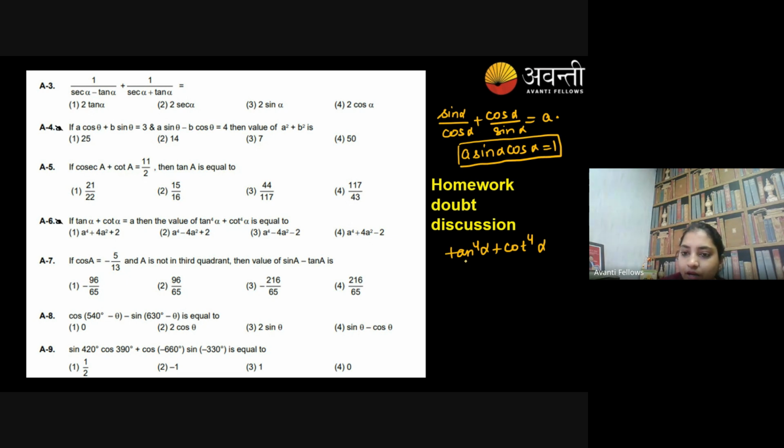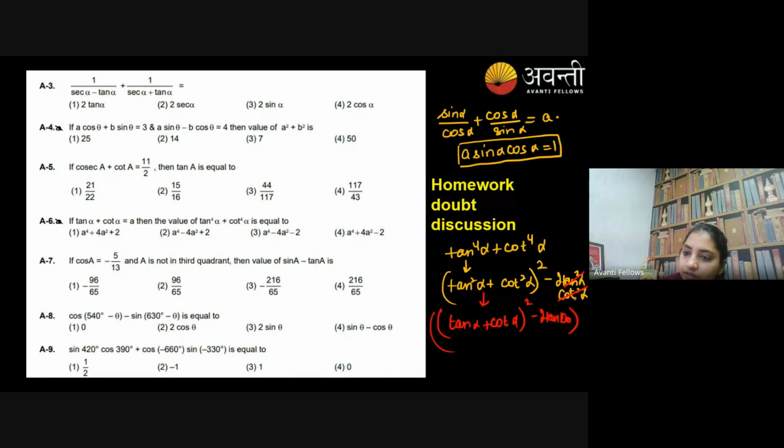What can I do? Can I write it as tan square alpha plus cot square alpha whole square minus 2 tan square alpha cot square alpha? Will it work? Yes or no? So tan square cot square is cancelled. Further, this can be rewritten as tan alpha plus cot alpha whole square minus 2 tan alpha cot alpha whole square minus 2.